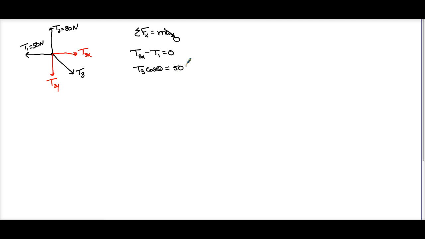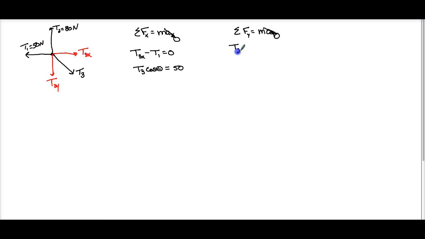So at this point I'm kind of stuck because I have two unknowns. When I get stuck, I go to my other equation, which in this case is the y component of Newton's second law. And again, we're not moving, so the acceleration is going to be equal to 0. So now that we have the y component of the acceleration equal to 0, I'm going to do the same thing.